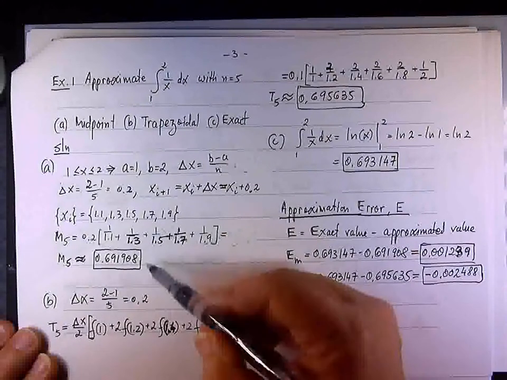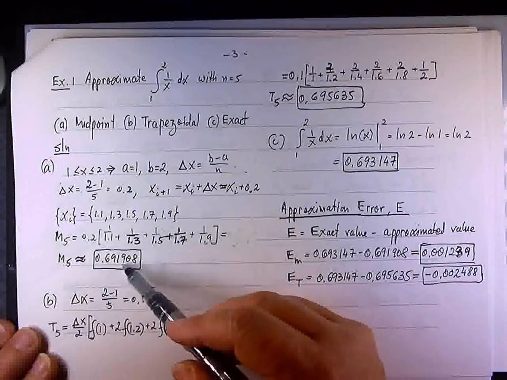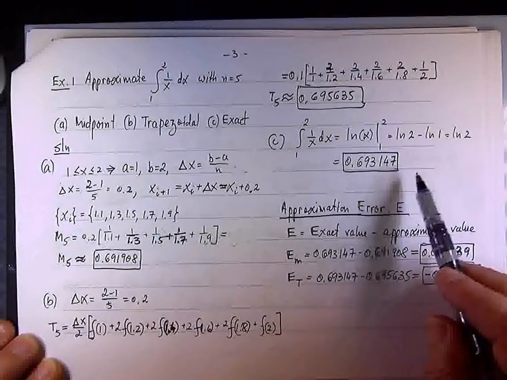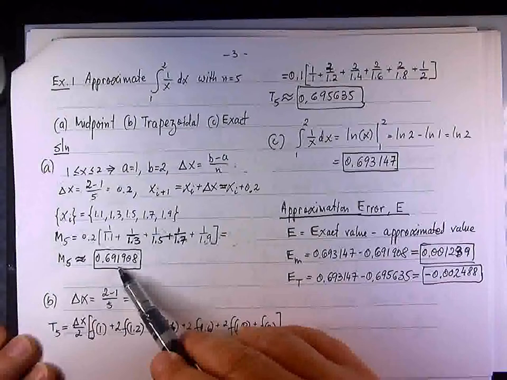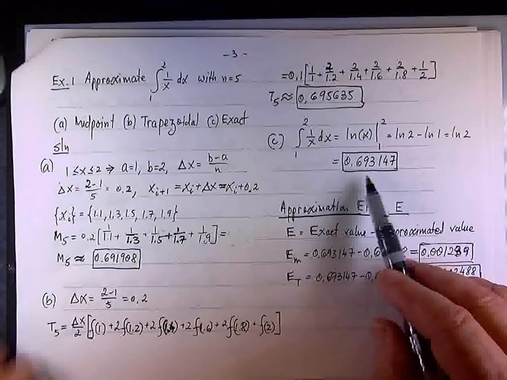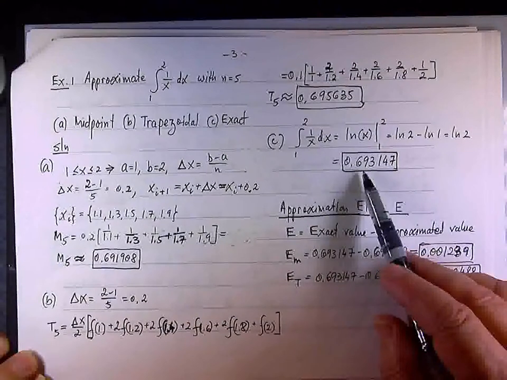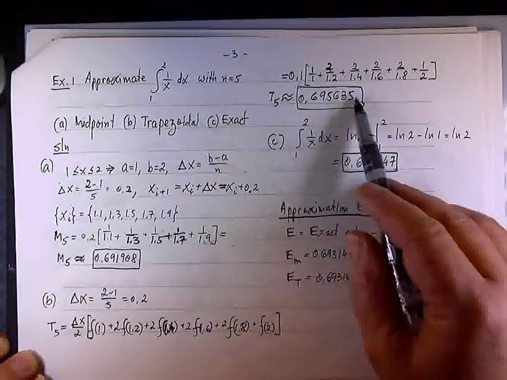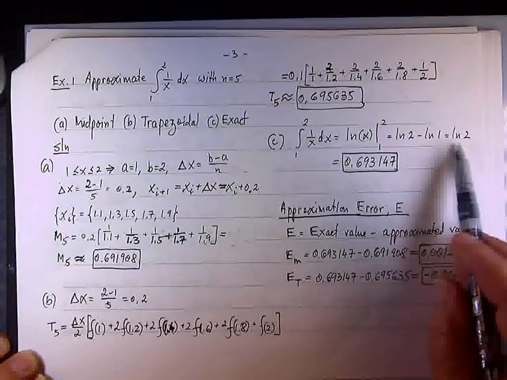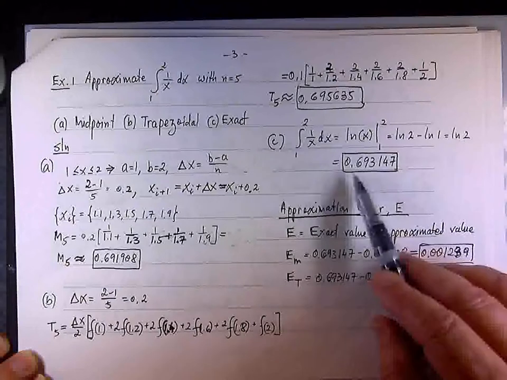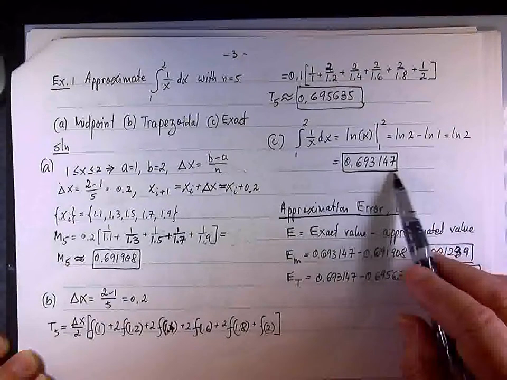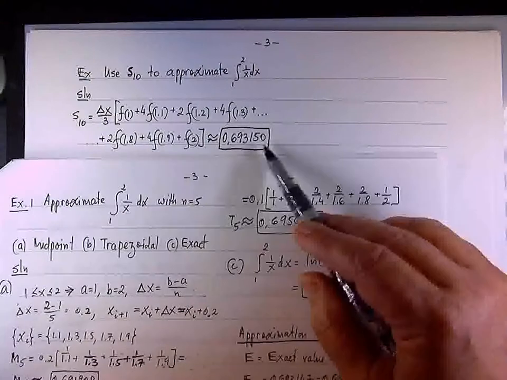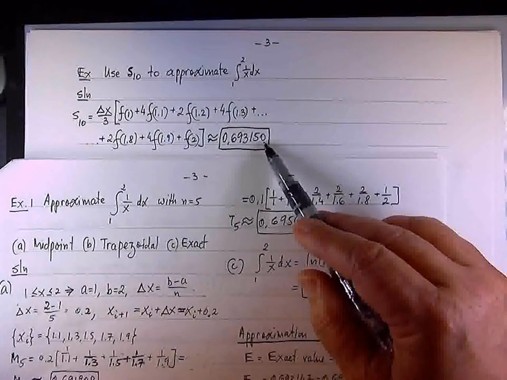So we know that we get a better result when we increase the number of subintervals. But it was 0.691908. Then we used the midpoint, I'm sorry, this was the midpoint, M sub 5. And then we used the trapezoidal rule and got 0.695635. This is the exact value. The exact value is the natural log of 2, 0.693147. Look how close we are.